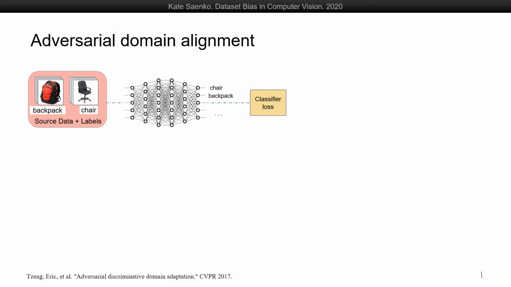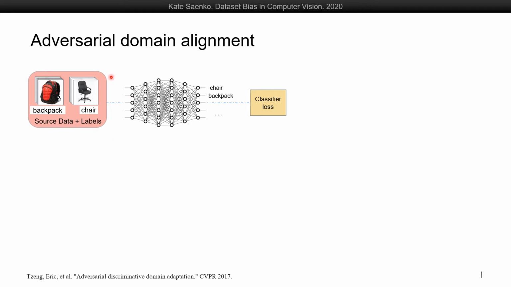So the technique that I'll talk about is called adversarial domain alignment. The key idea there is domain alignment, and the way it's accomplished is using an adversarial loss, adversarial learning. But let's just start from a neural network model. This could most likely be a convolutional neural network, but really it could be any neural network, any structure.